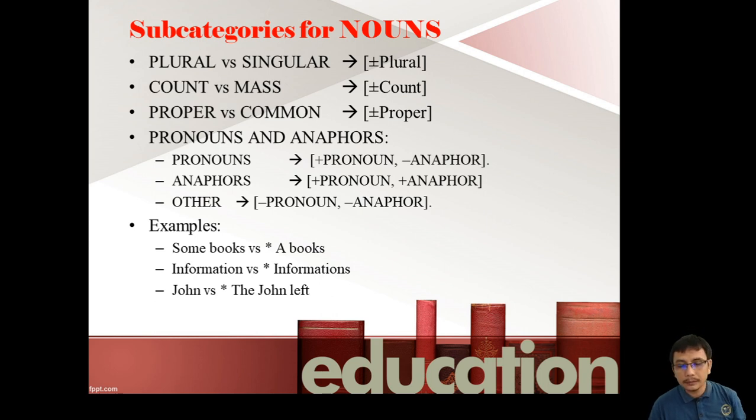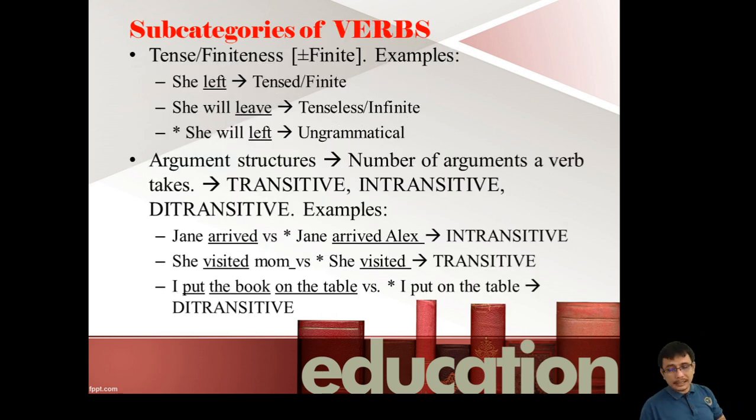And there is an even more complex subcategorization of verbs, because we can divide verbs into tense or tenseless, finite or infinite. For example, we can say "she left," and left here is a tense verb, while in "she will leave," leave is tenseless or infinite.